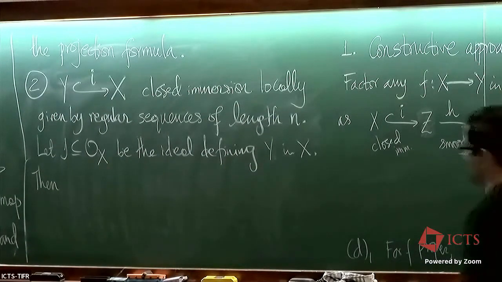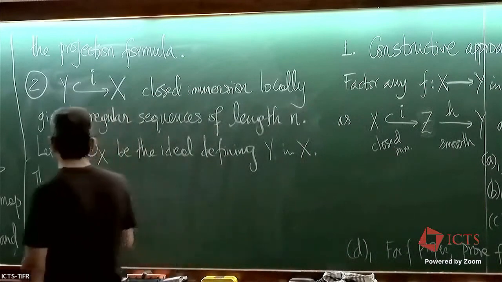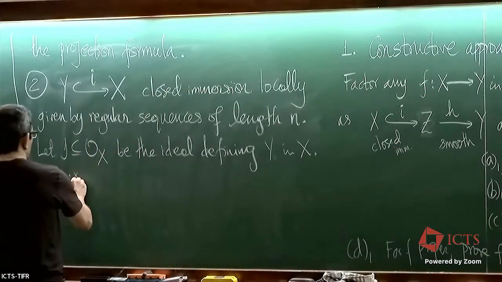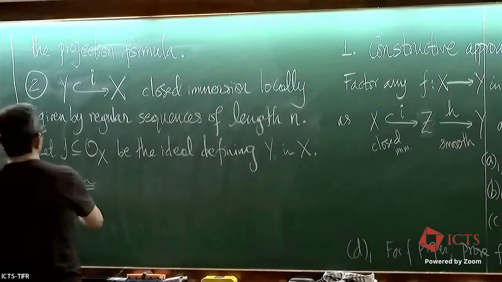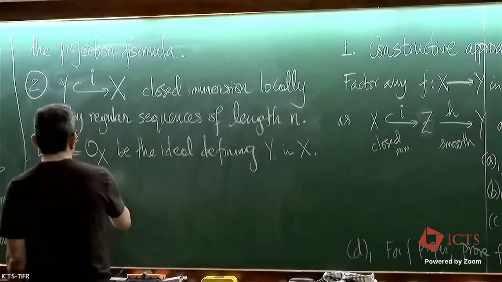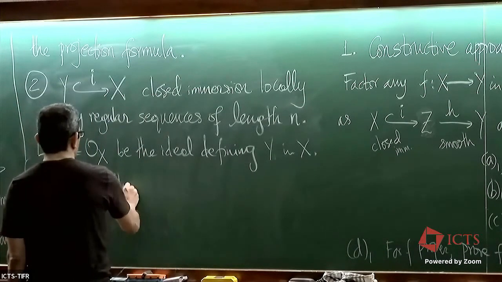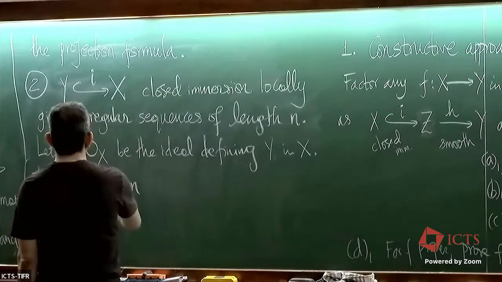Let me remind you, the right adjoint to lower star can be explicitly calculated by looking at sections supported along Y.